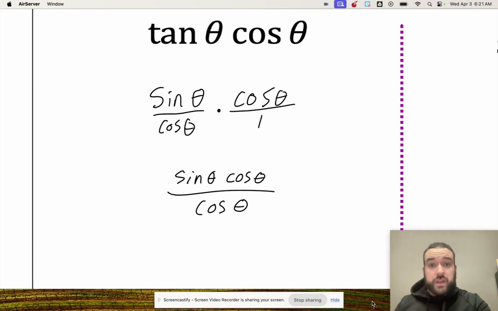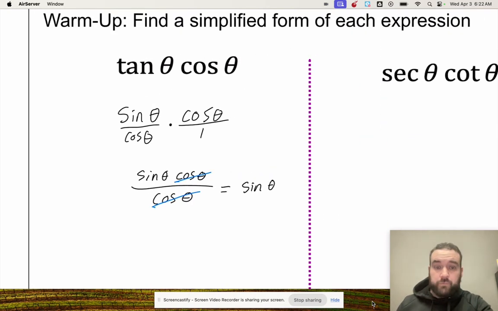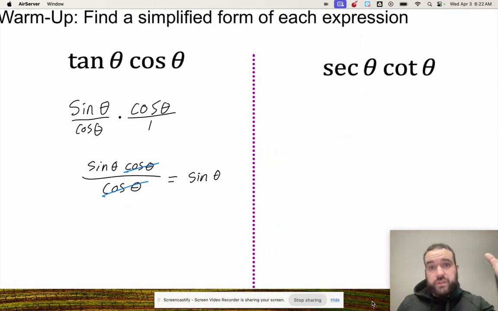And then those cosines can divide and make 1, or cancel out, because I'm using multiplication throughout this entire fraction. So this expression can simply be written as just sine of theta. This is what we're going to start to look at today: how can I manipulate expressions that don't look like they can be simplified, but actually can?